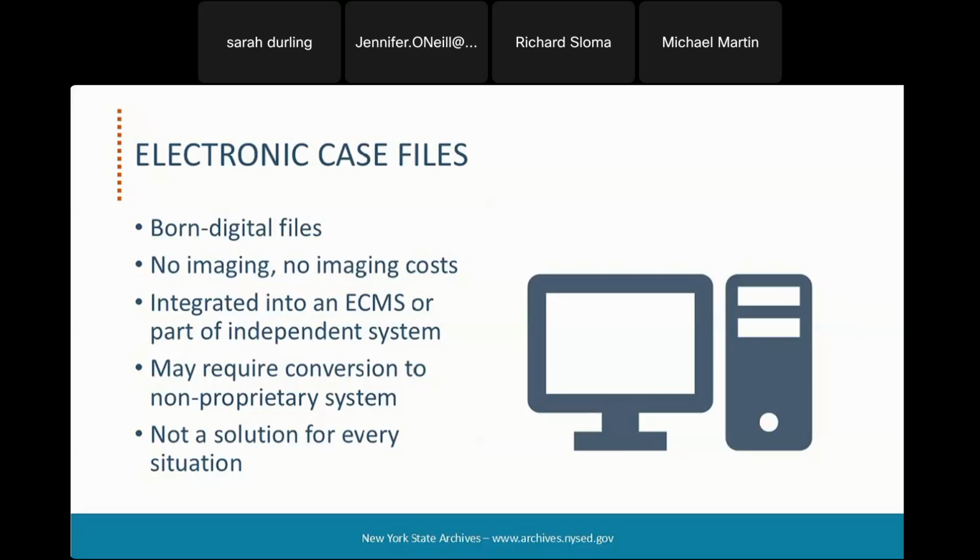So for instance, if you're a local government and you've been involved in our local government grant program, you have to submit some paper forms with ink signatures as part of that process. The rest of the process is electronic. You're submitting information through our grants database in electronic format.